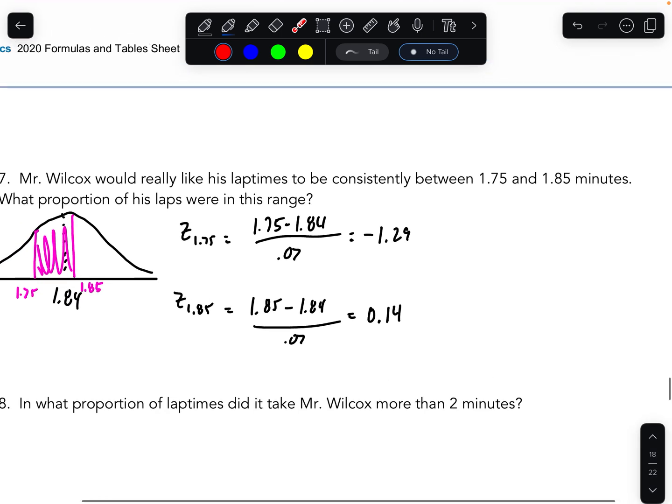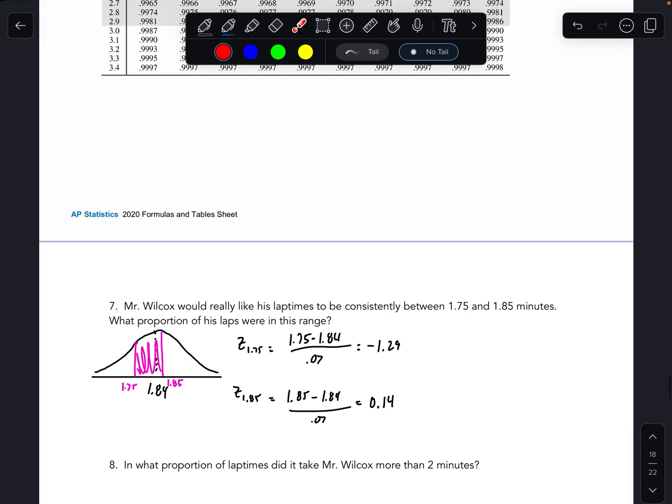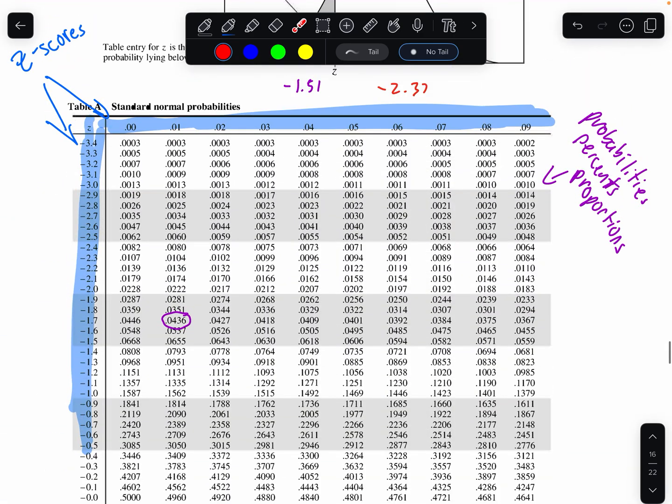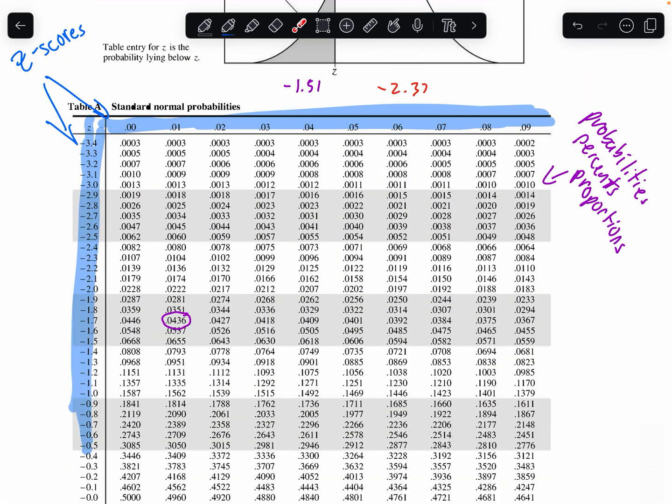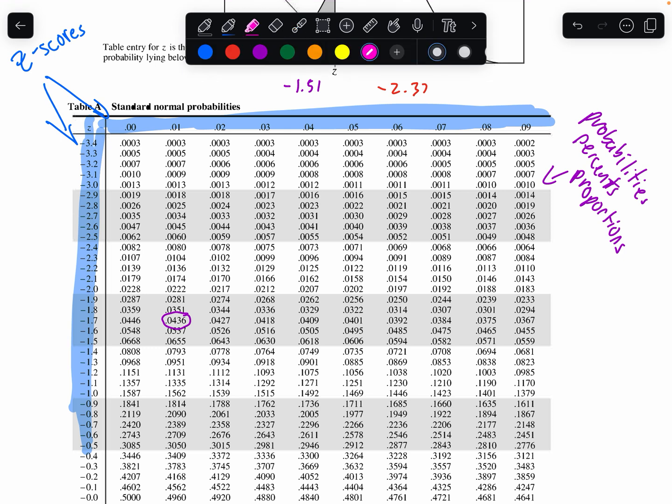But let's go to table A. So negative 1.29 should be all the way over here. Okay, 0.0985.